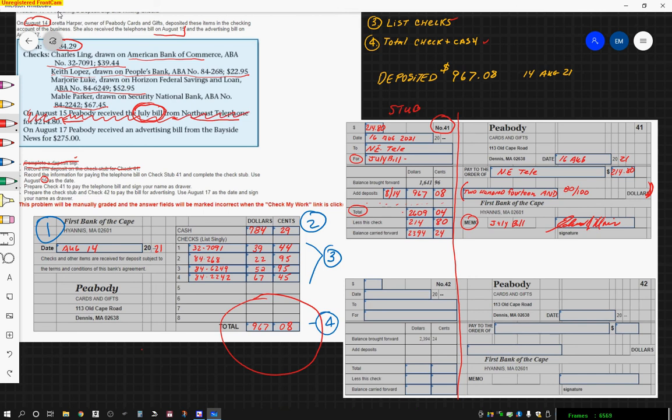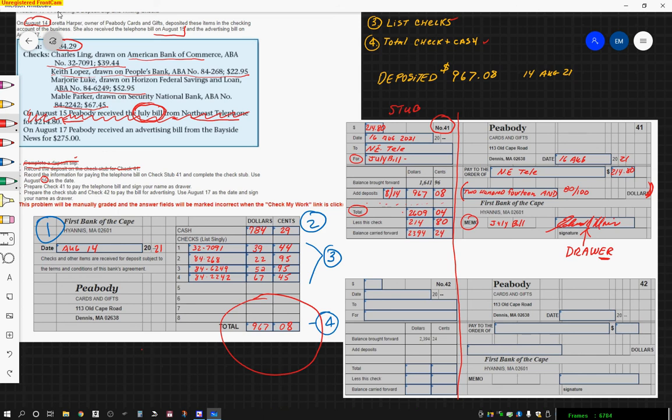So the next one. Prepare check number 41, and we have done that. You are the drawer, by the way. The payee is the person who we're writing it to, person or business. The drawer is the person who's signing the check, who's authorizing the note.